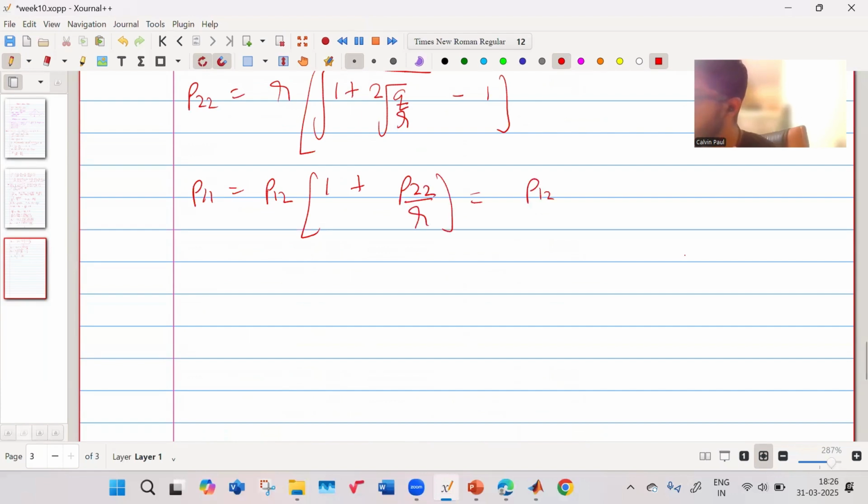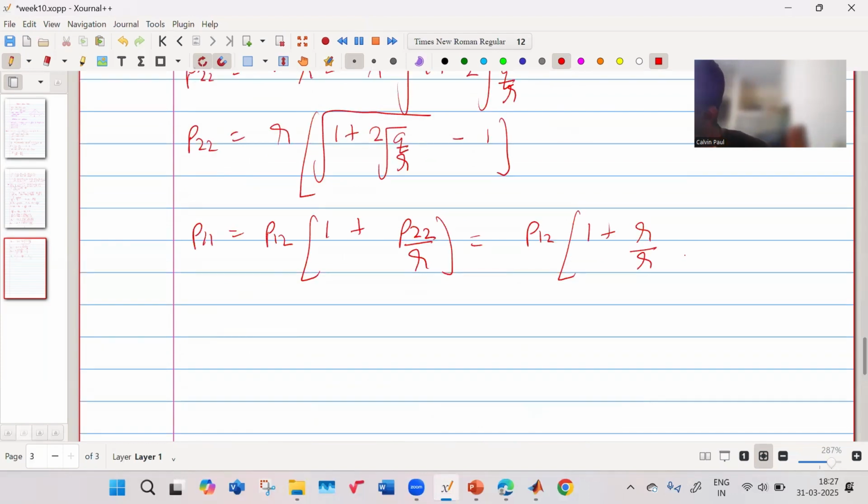So this is p12 into 1 plus r upon r into square root of 1 plus 2 square root of q upon r minus 1.